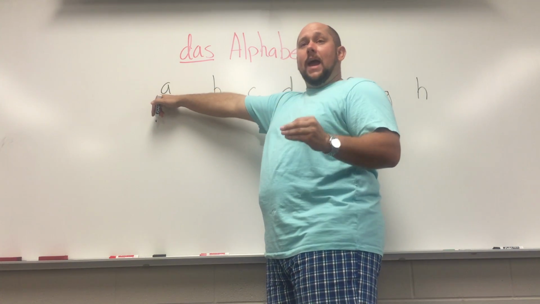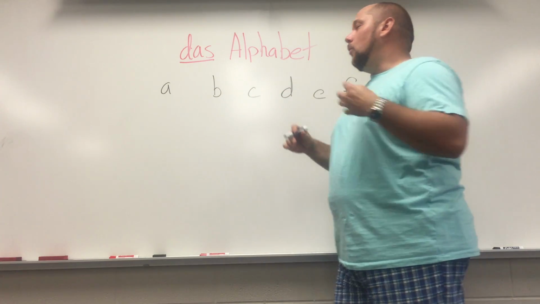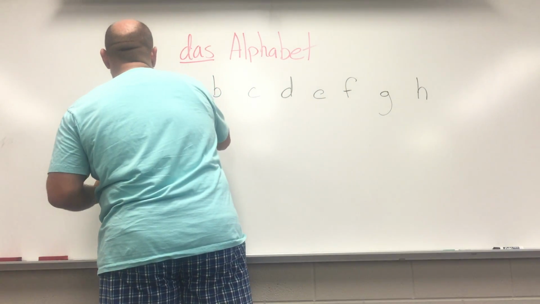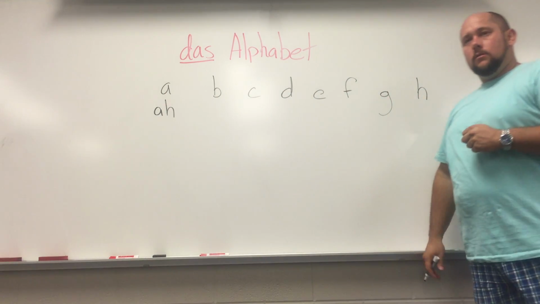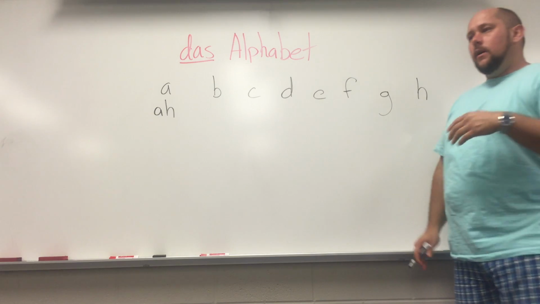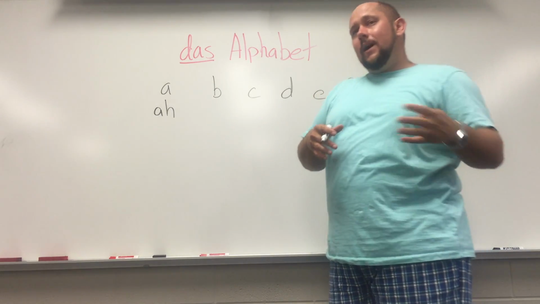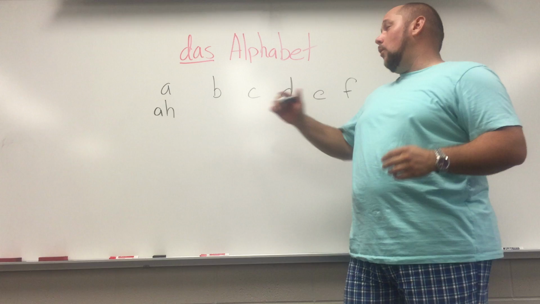English, we have the letter A. In German, we use A. Okay, when you see fireworks, there are U's and A's. That's the sound we're looking for.